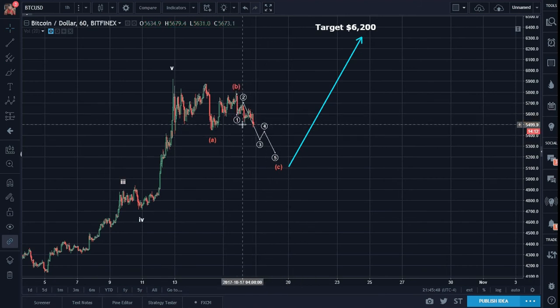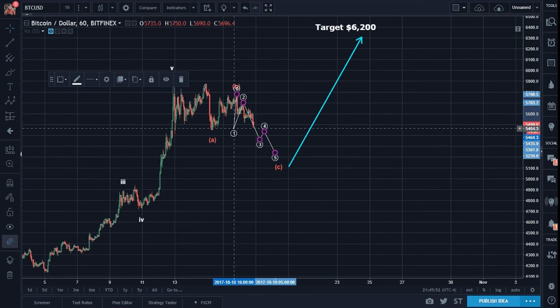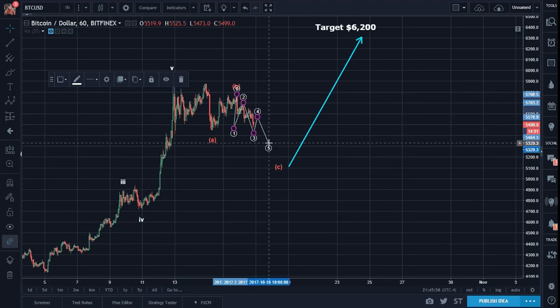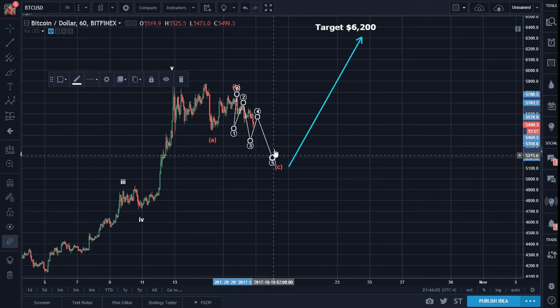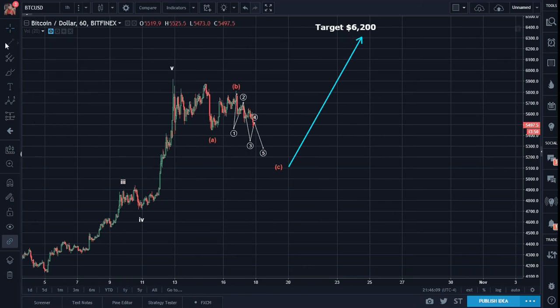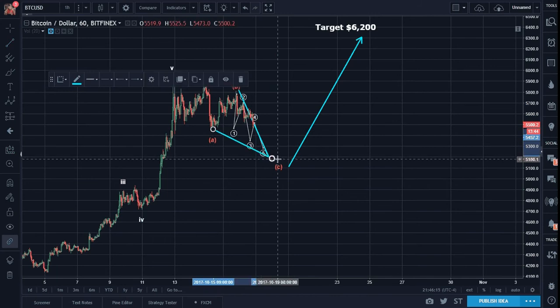And I wouldn't be surprised if somehow this can turn out to be, I'm trying to make it, there you go, possibly some type of an ending diagonal type of triangle of this type.